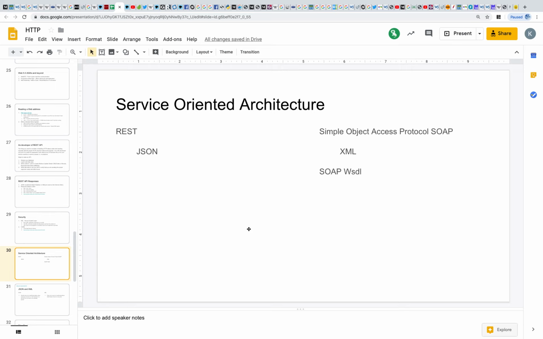REST is representational state transfer, that's Roy Fielding. Then on the other side of the house, you have SOAP, Simple Object Access Protocol. They're very different, but both of their jobs is to enable networked applications. On the web, you're going to find REST and JSON, and in corporate backends, you're going to find SOAP.